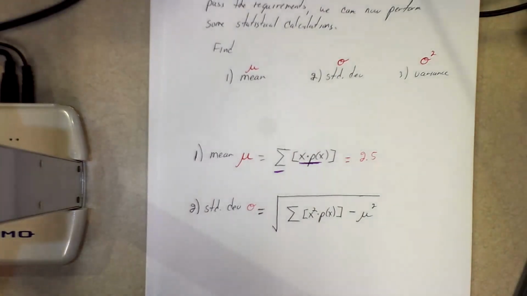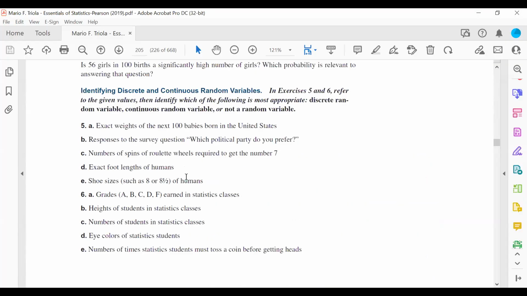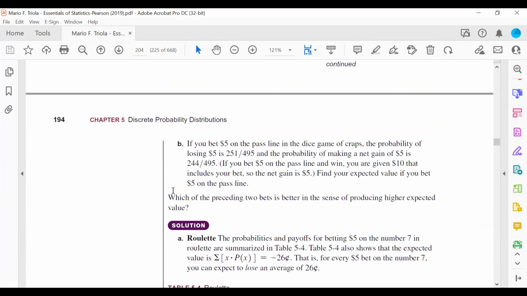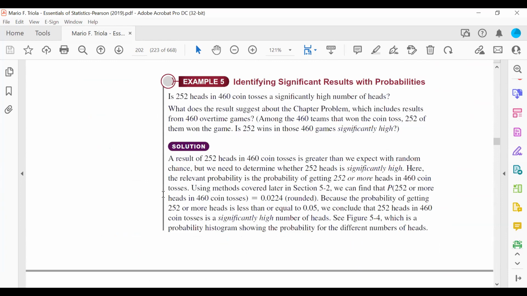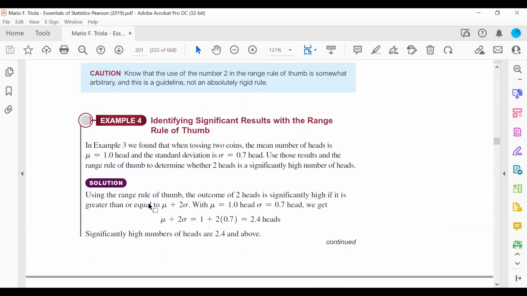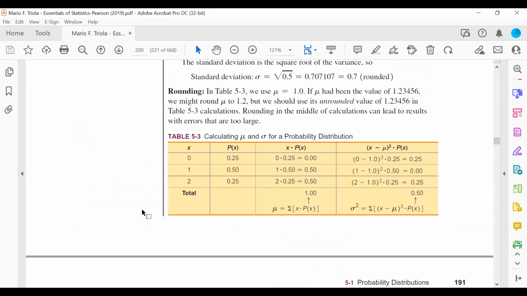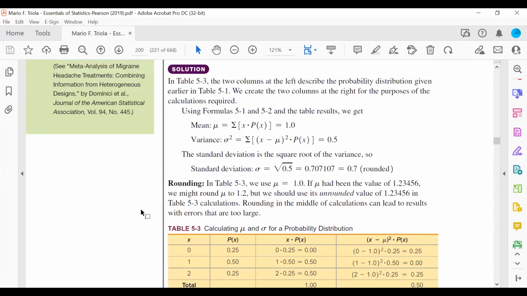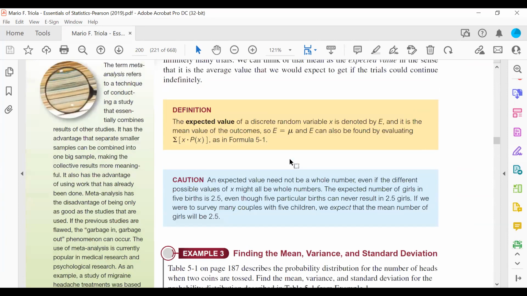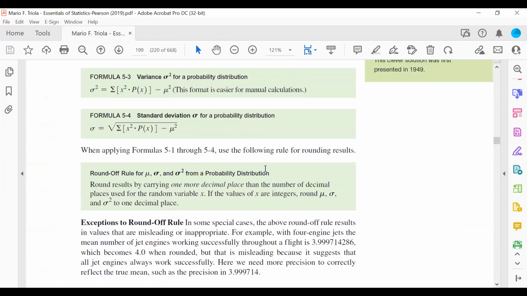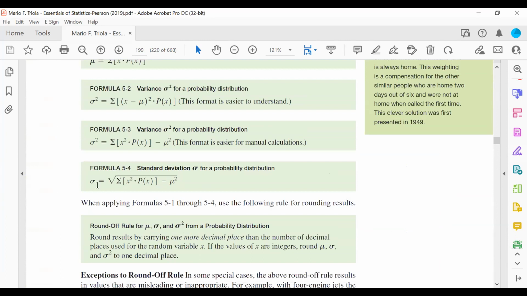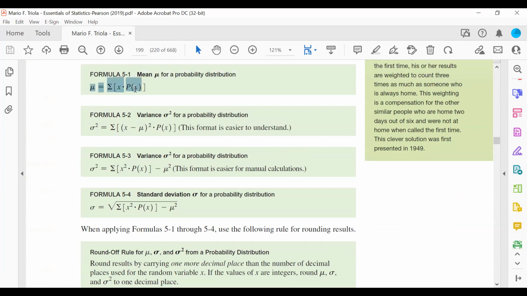All right, so let me show you where I'm getting that formula from. If you go to your textbook, all of the formulas should be listed in the book somewhere. There it is. There's the formula for the mean.